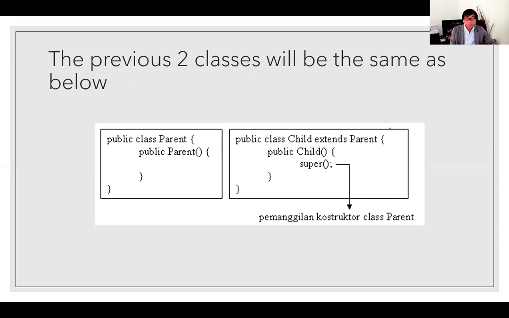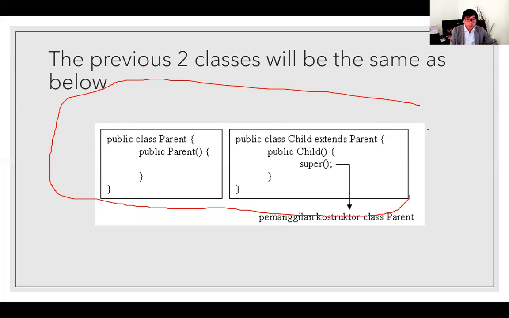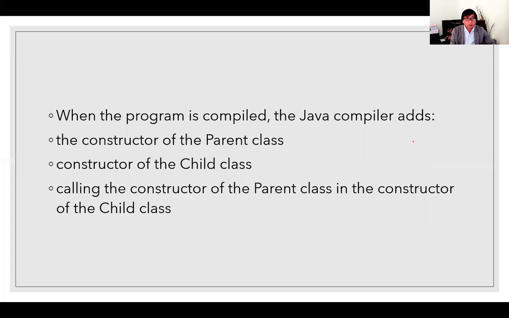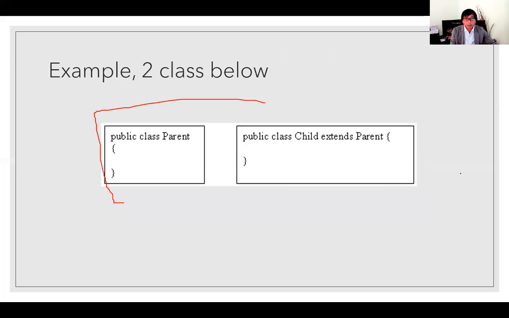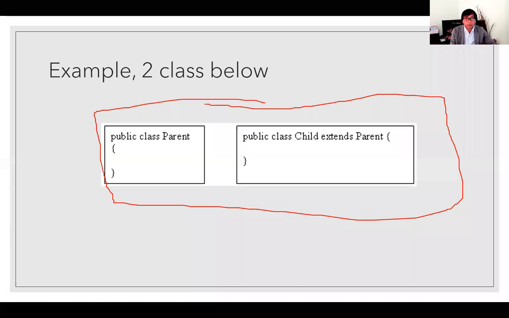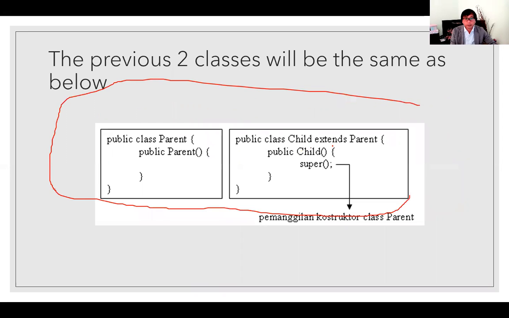Whenever you write this one or this one, it is the same programming code. The same result will occur from these two different ways of writing code. In this example you don't create the constructor, and in this example you are creating the constructor.